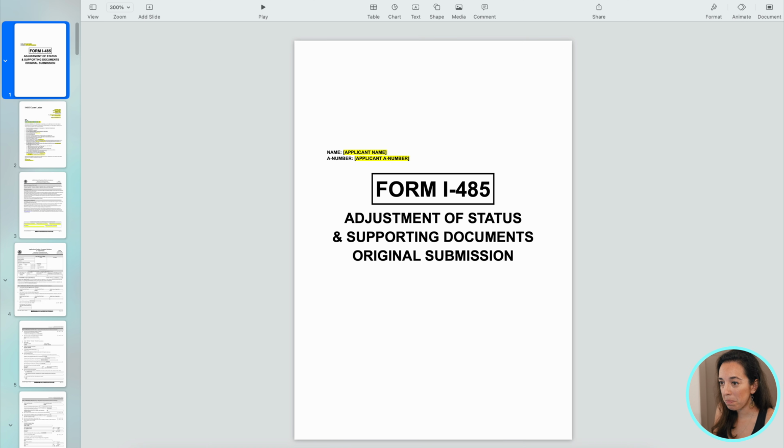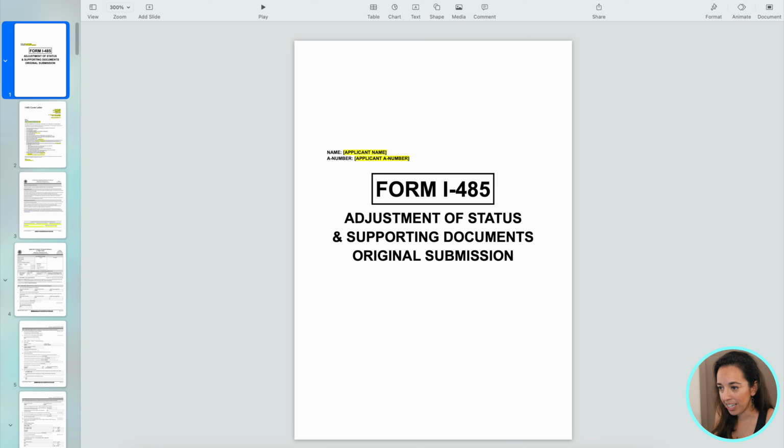As you'll see, we compiled everything into one large document, printed it, and at the end clipped it together with one large binder clip. We didn't use separate folders or create anything fancy. We just wanted to keep our packet as simple as possible for USCIS, and therefore printed title pages, each labeled with the relevant form title, as well as the name and A-number of the applicant, as you can see on the screen.